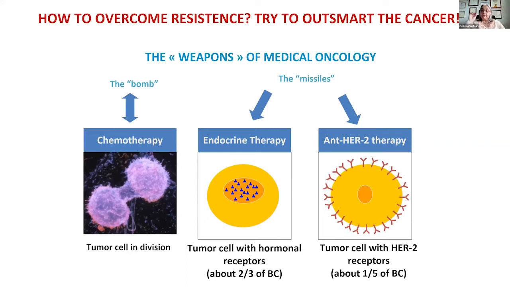And then we have the targeted agents, those who are like missiles that go to the cells that have those targets. And the two most important targets in breast cancer are the hormonal receptors and then a receptor that is called HER2. So this defines the two very important subtypes of breast cancer.